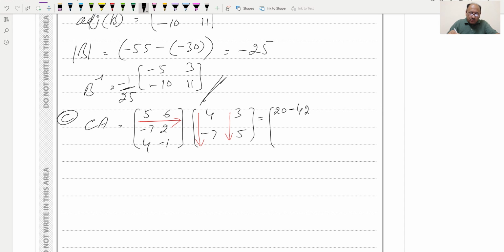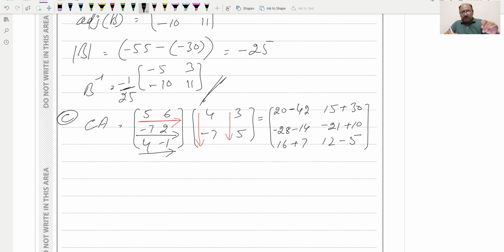Then first row and second column will be 15 plus 30, and then we can write the next minus 7 and 4, so minus 28 and minus 14, and next will be second row second column minus 21 and plus 10, so plus 10, and third will be last third row first column, so 16, and this will be plus 7, and last row second column will be 12 and minus 5.